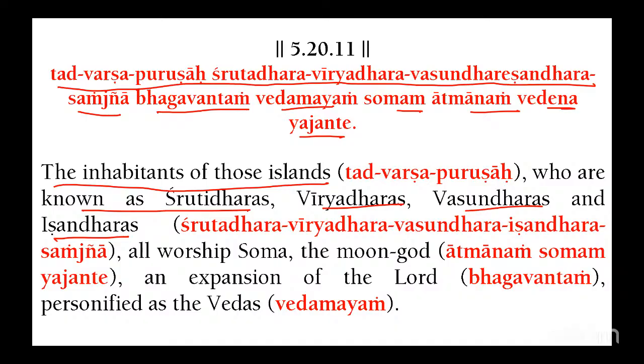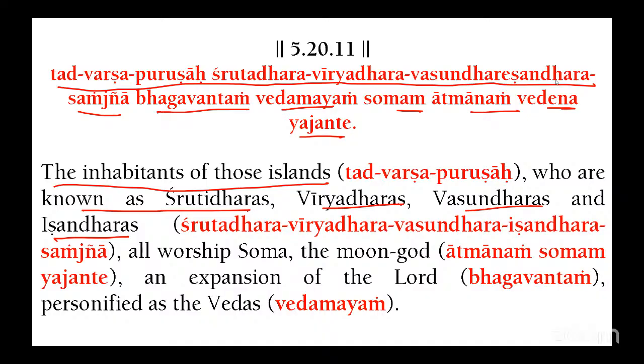Okay. So they are known as Shrutidharas, they are the Brahmanas. Viryadharas, they must be the Kshatriyas. Vasundharas, they are the Vaishyas. See, Shruti is knowledge, Virya is strength or prowess, Vasu is wealth.